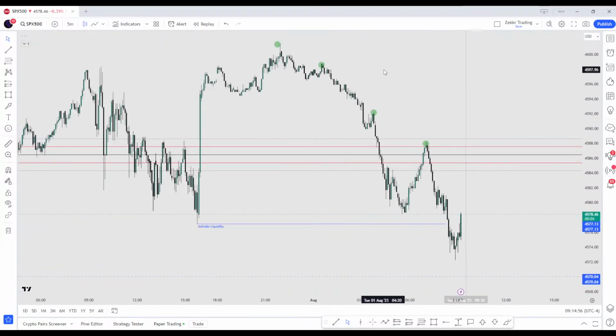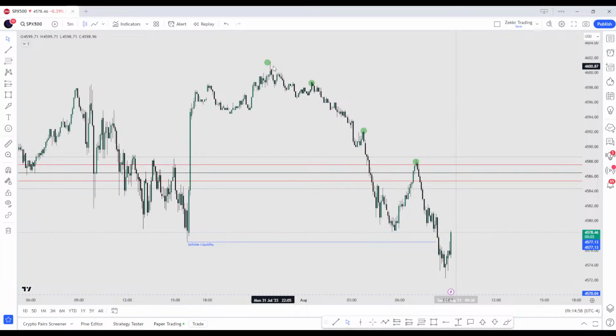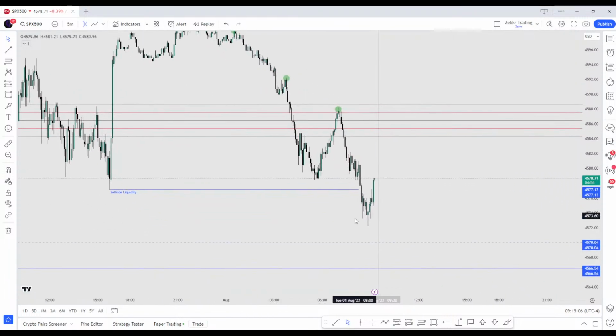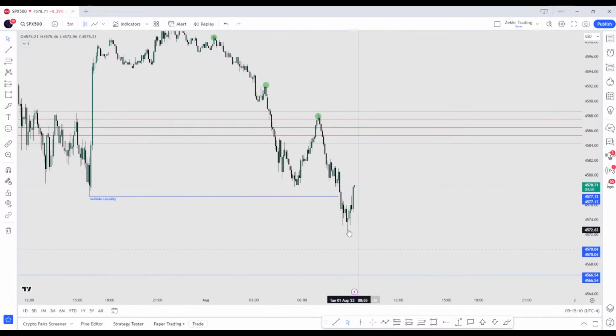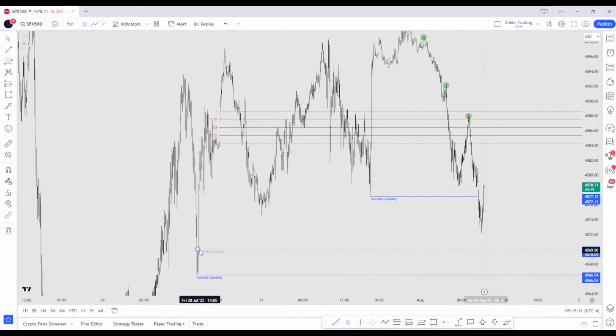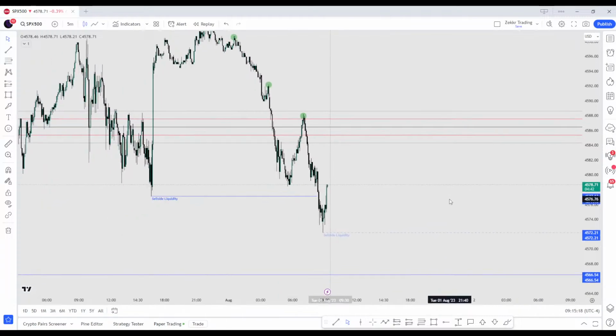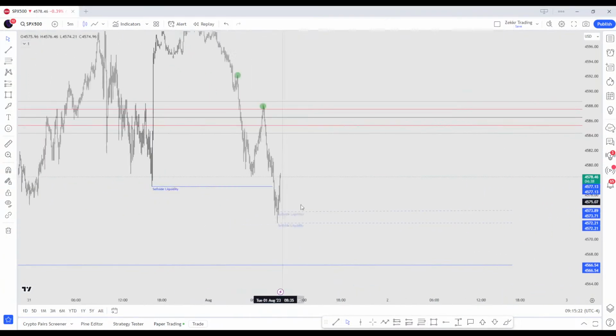So we have buy side about here, but ultimately, let's say, this is the sell side liquidity right here. So we also have the sell side liquidity, and we have sell side liquidity for the rejection block.